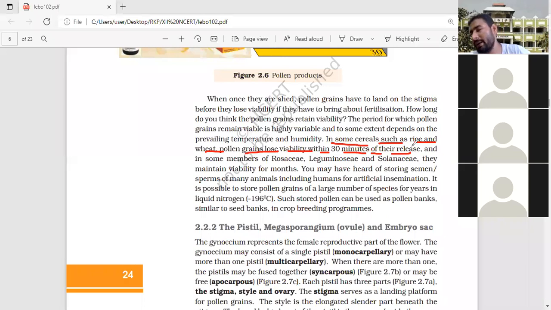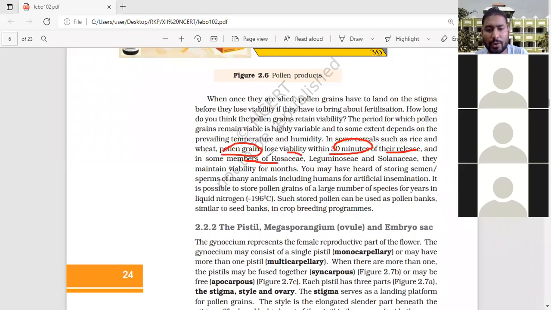This is very important, a previous year question: the viability of wheat and rice pollen grains. How much time will it be? It will be half an hour, 30 minutes, from their release.